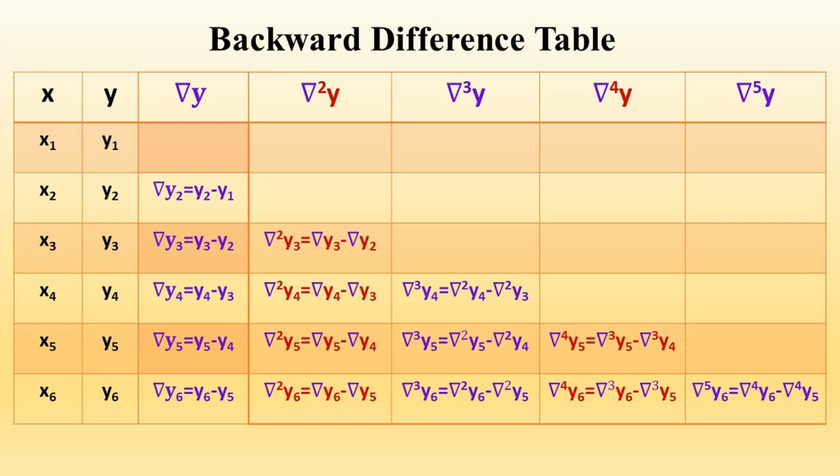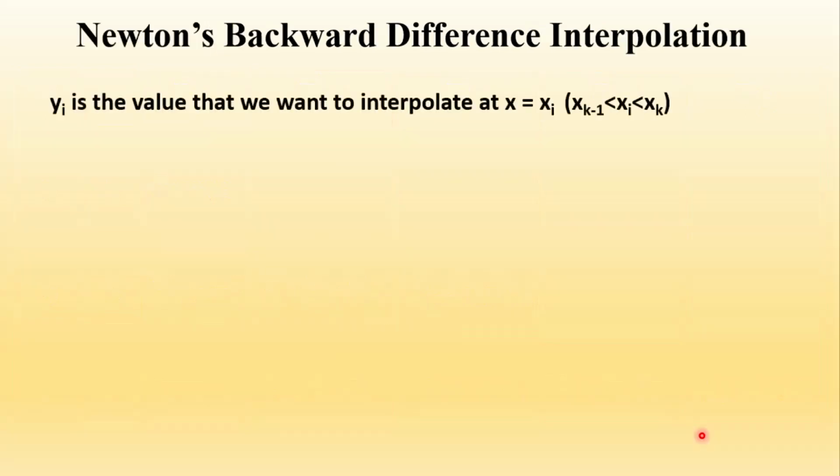Once we have the backward difference table, we can easily calculate the interpolated value using Newton's backward difference formula. Say yi is the value that we want to interpolate at x equals xi. xi lies between xk minus 1 and xk. Let the step size be x2 minus x1. We can calculate u using this formula.